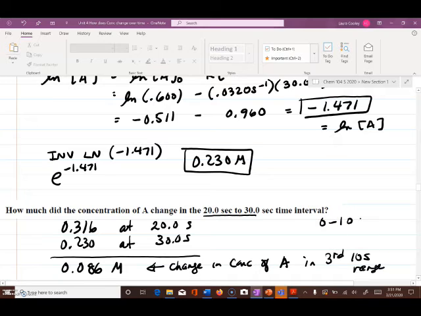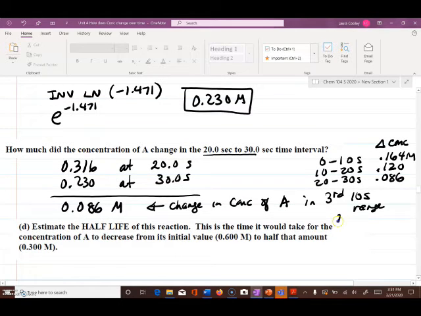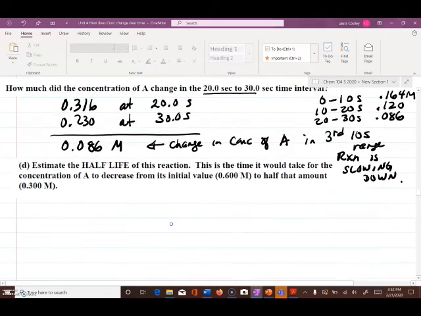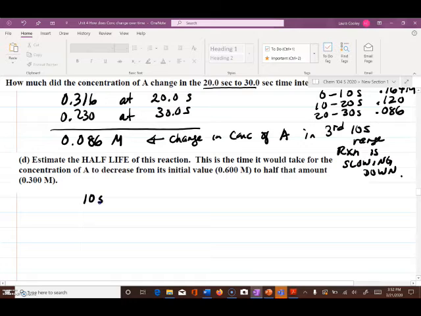Because if you remember, we did 0 to 10, 10 to 20, and now 20 to 30. We found that the change was 0.164 in the first 10 seconds, 0.120 in the second 10 seconds, and now it's only 0.086. So what you can see is that the reaction is certainly slowing down, as we expected.